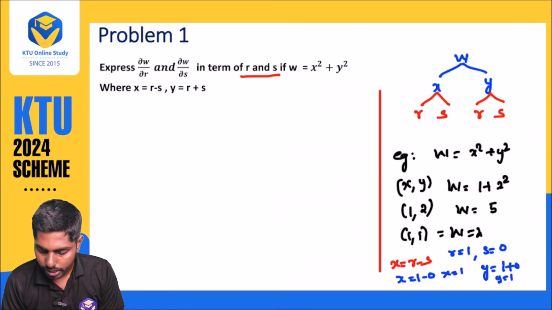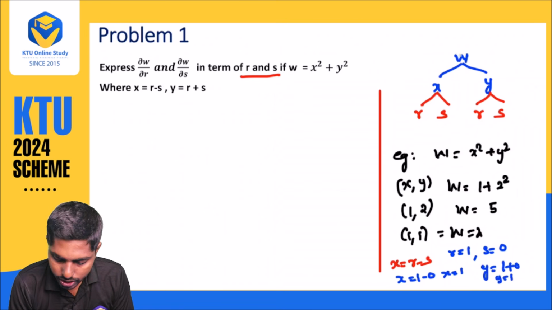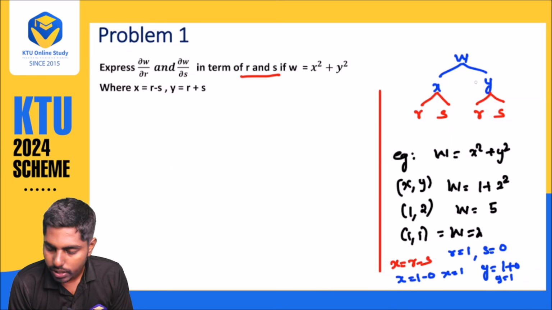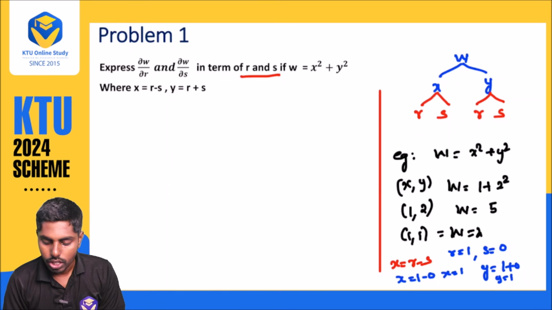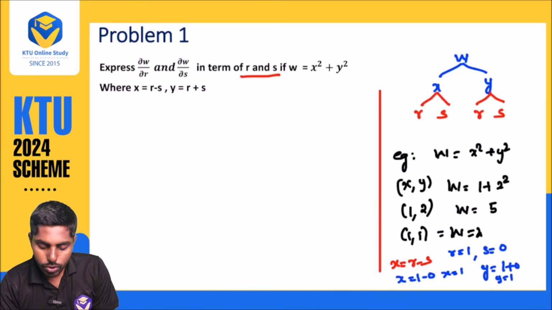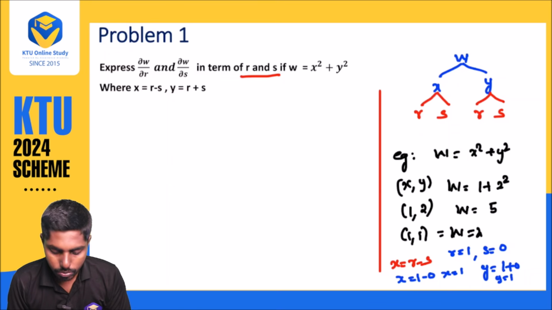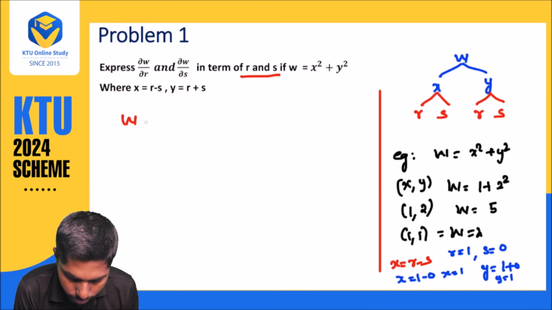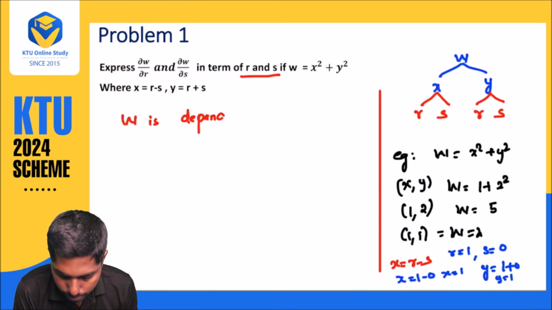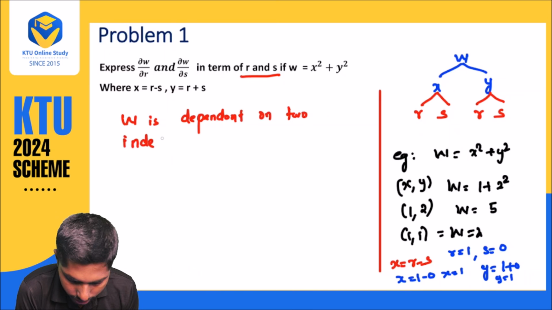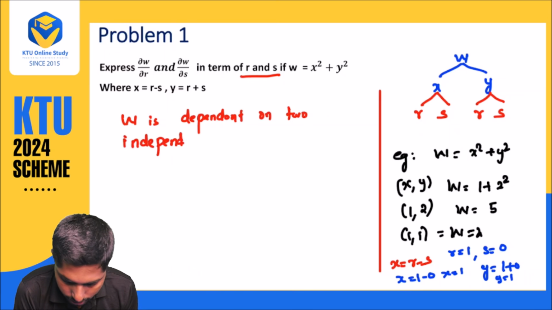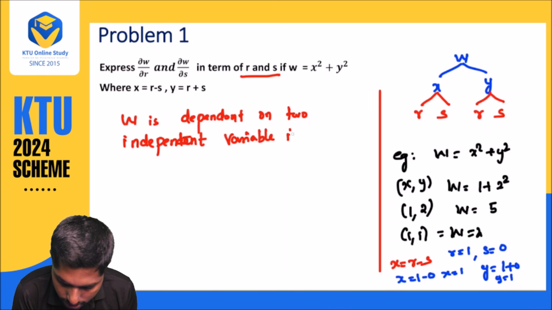So from here what can we conclude? We can conclude that w is depending upon x and y, and x is depending upon r and x, and y is also depending upon r and x. So w is a dependent variable depending on two independent variables, that is x comma y.